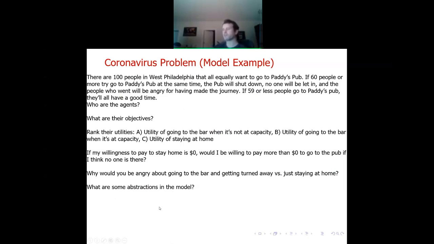Willingness to pay is a way to measure utility, and your utility is a ranking of your three options. We said that A is greater than C. I'd rather go to the bar when it's not at capacity than stay at home. So my willingness to pay for A must be greater than my willingness to pay for C. My willingness to pay for C is 0, so my willingness to pay for A should be higher than 0.